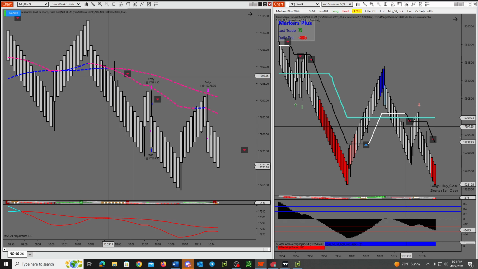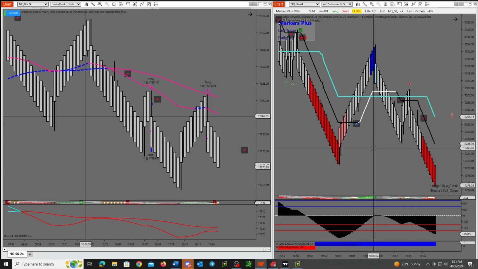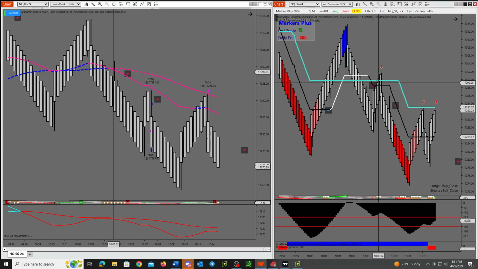So we got all 3 in our favor here, and we've got one of our favorite setups, John Wick. And when we look over here on this side, short term, we've got a cross. Trend Magic is bearish. We've got bearish BLT histogram, and we also have a B4 jiggle here.